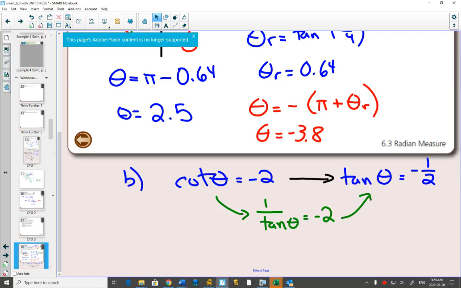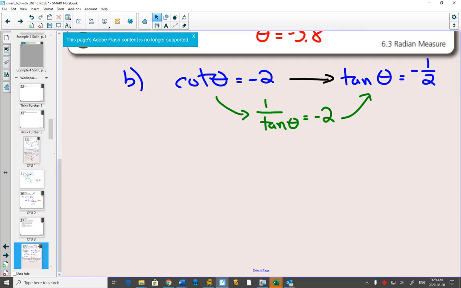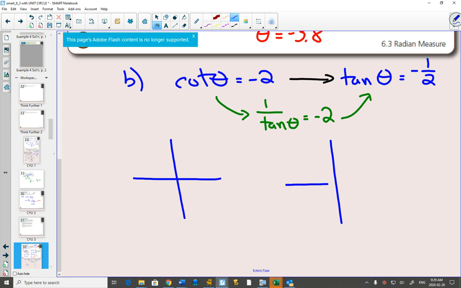Okay. Go back to grade 11 math. If tangent of theta was negative 1 over 2, what quadrants would theta be in? And how would you figure that out? Quadrant 4, because tan is negative in quadrant 4.